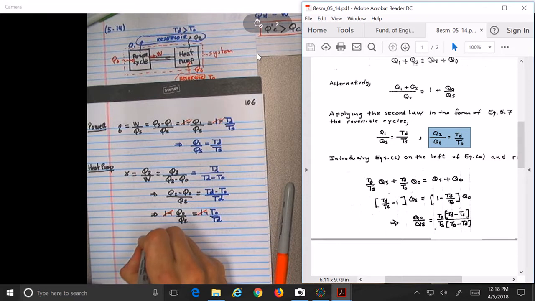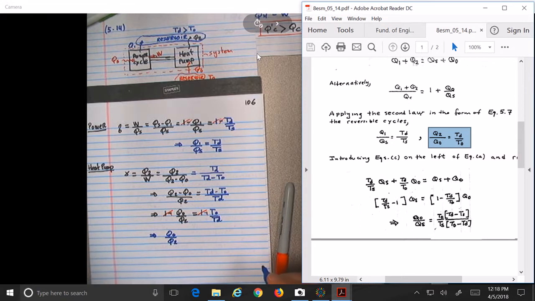Which will give you Q naught over Q2. Did I do something wrong here? They get Q2 over Q naught.